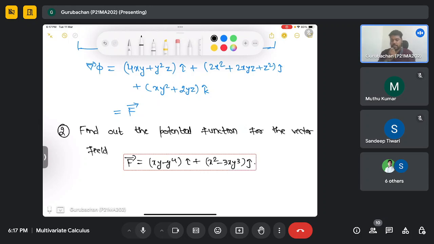So we have been given this vector field and we have to find a potential function corresponding to it. Try this one.